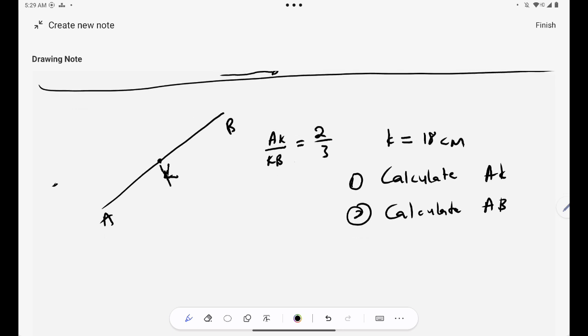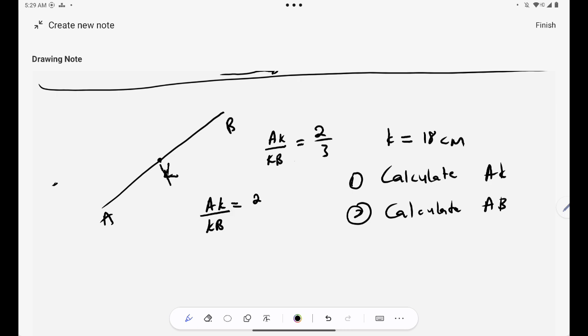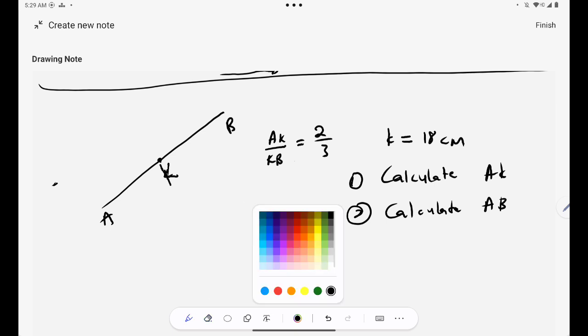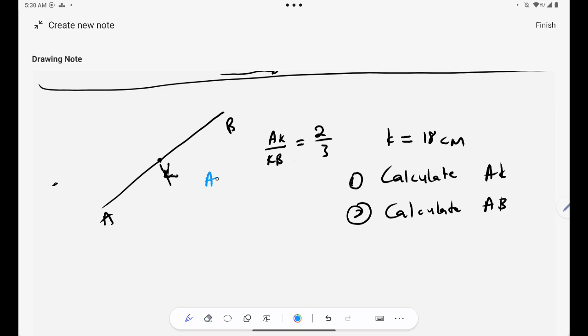Okay, how can we do that? For number 1 it will be simple. We already know that AK over KB is 2/3, right? Or let me rather write it in a different ink, because I'm writing the solution. We know that AK over KB is equal to 2/3.